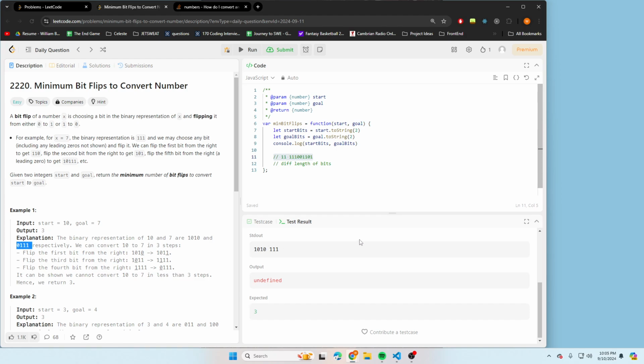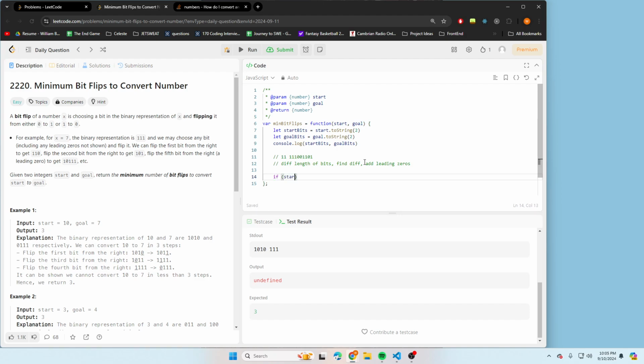Oh lord, this is easy. What do I do? If it's a different length, find the difference and add zeros. Leading zeros, that's the first thing, right? So let's see. What do I do?